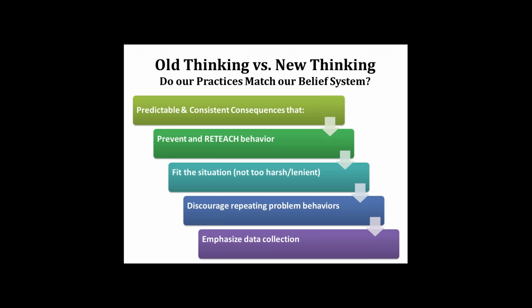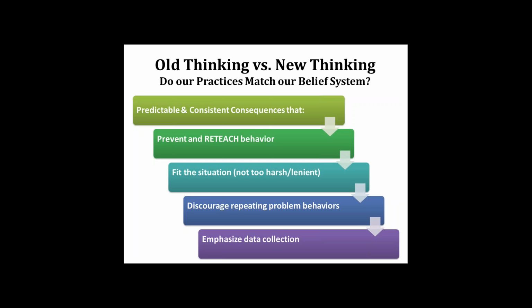Also, we need to make sure that all of our consequences are very predictable and consistent for students. So first of all, students should know ahead of time, when they have behavioral errors that are repeated, what the consequence assigned to those behavioral errors is going to be, but it's not going to be some kind of surprise.